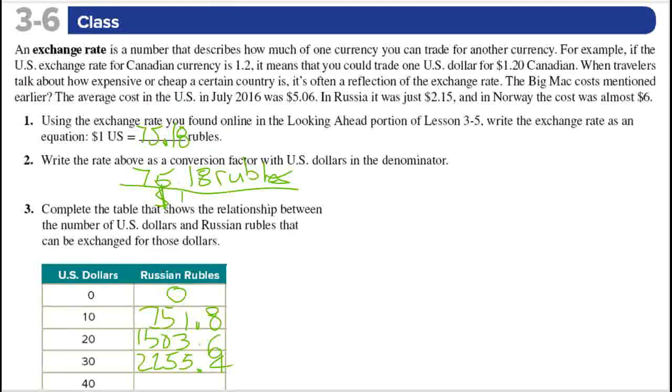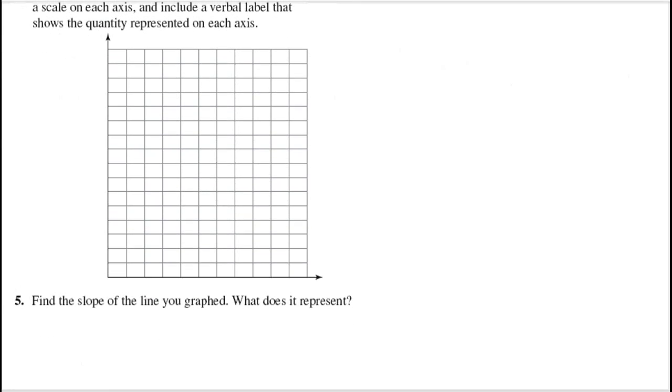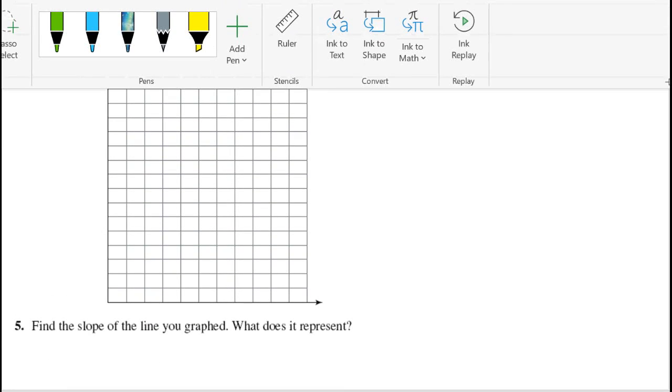Okay, if I go back to the equation, we're talking about exchanging dollars for rubles. The amount of rubles that we get depends on the number of dollars that we exchange. So my y-axis, the dependent variable, is going to be my rubles.